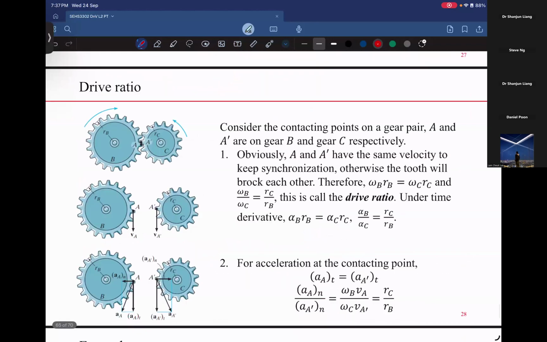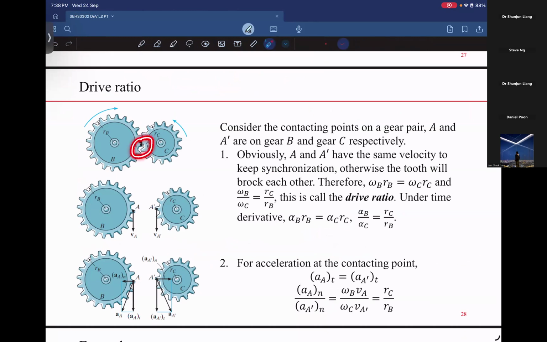So when we consider two gears that move together, there are connecting or touching teeth, A and A prime here.